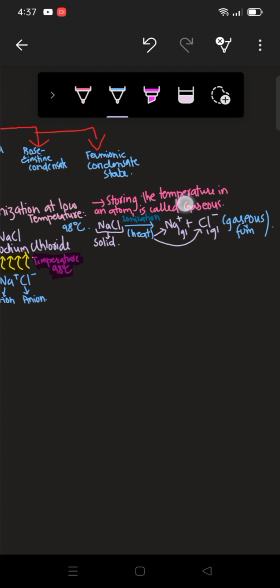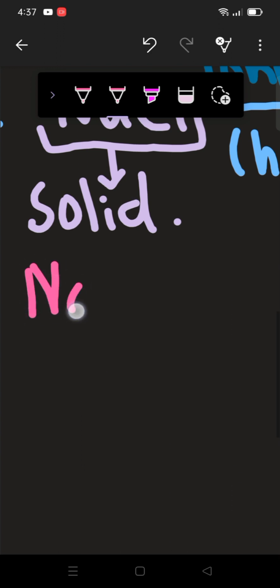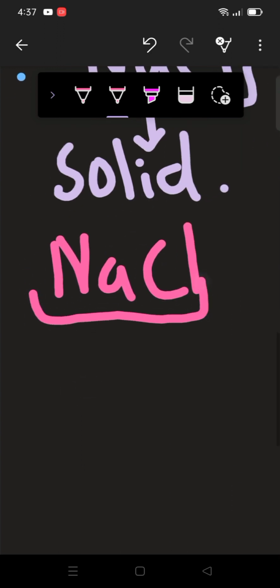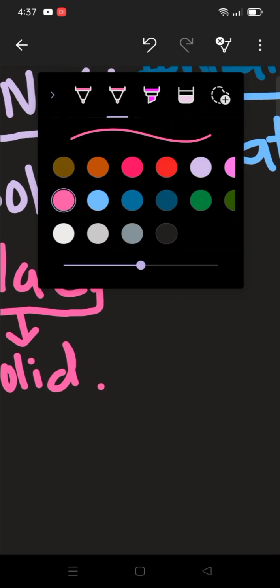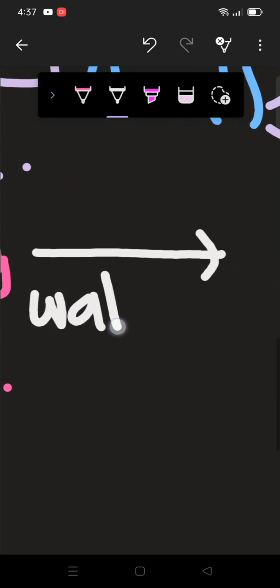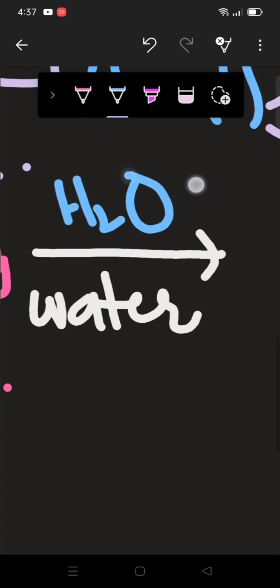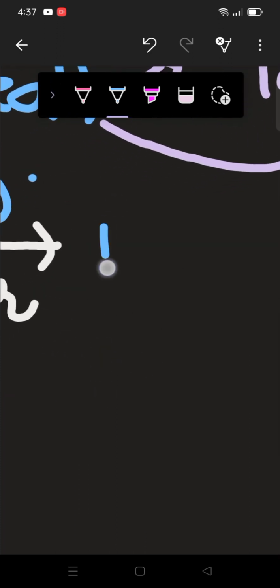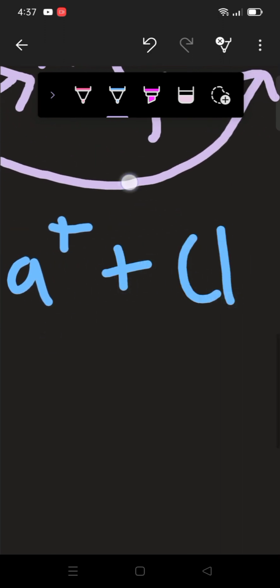All right, you know what, ionization takes place with water as well. Wait, let me write here. The same NaCl compound we are taking, which is a solid. Now instead of providing heat, we are providing water, H2O. So again these are converted into ions, Na positive and Cl negative.